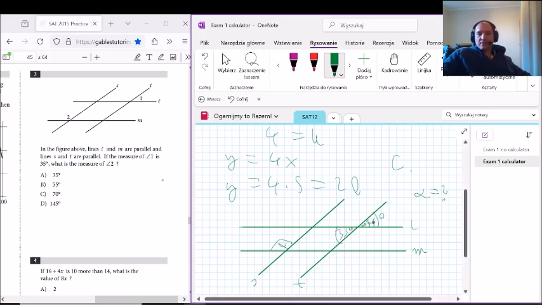They are vertical angles or something like this. I'm not sure how it is called in English. Okay, and here, if line S and line T are parallel and line L and M also, then this figure here is a parallelogram. That's how it's called. At least that's what Google Translate tells me.